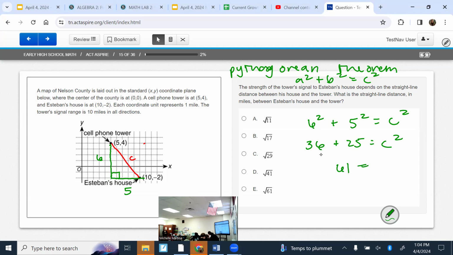And then opposite, because the C is not alone, opposite of squaring something is to do what? To square root it, whatever you do on one side. So the distance between the cell phone tower and Esteban's house was the square root of 61, which was option E.